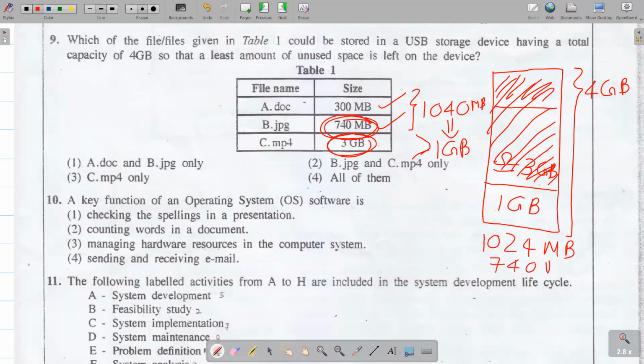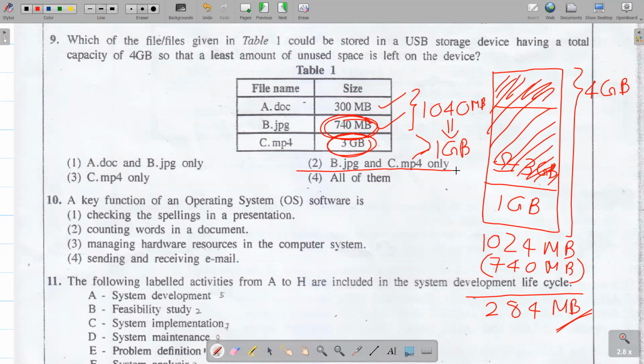So 740 MB is used, and I'm going to subtract this. So 284 MB will be left as the least storage. So what we can do is go with B and C, where the least storage will be left. Right?